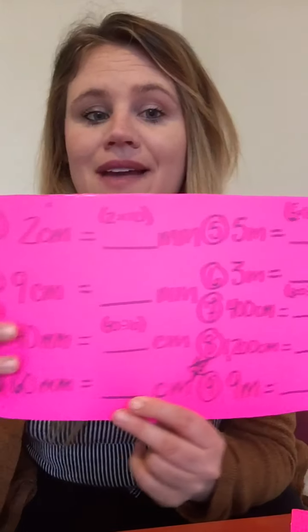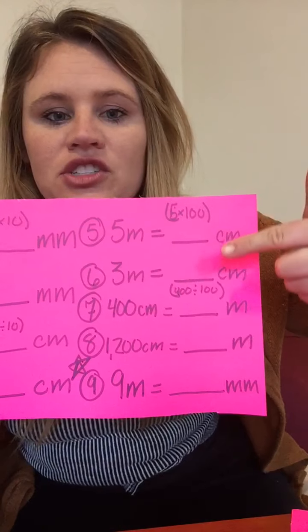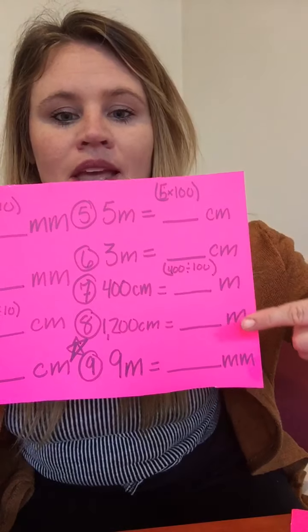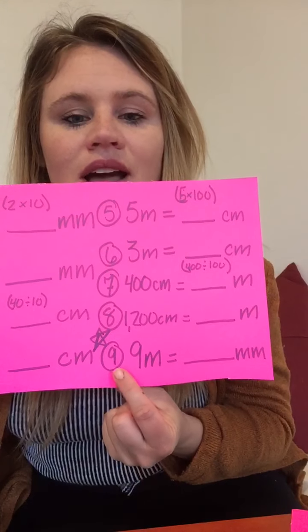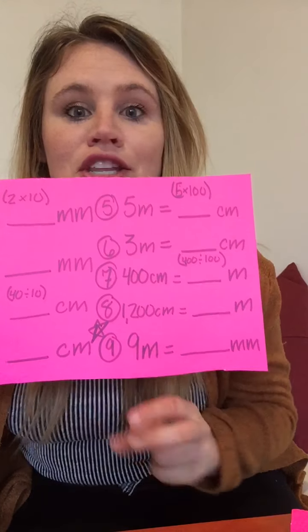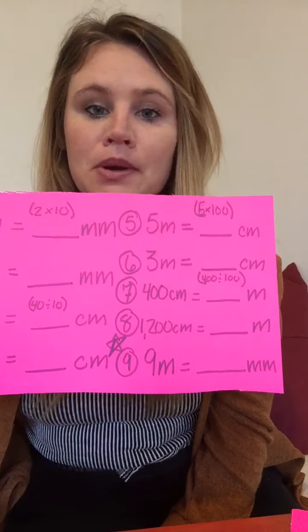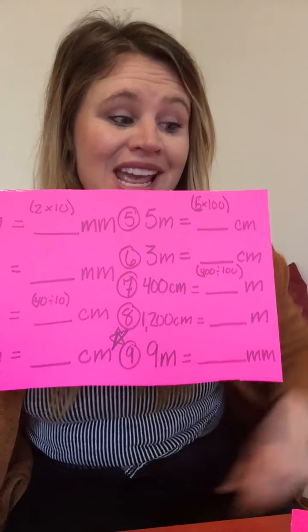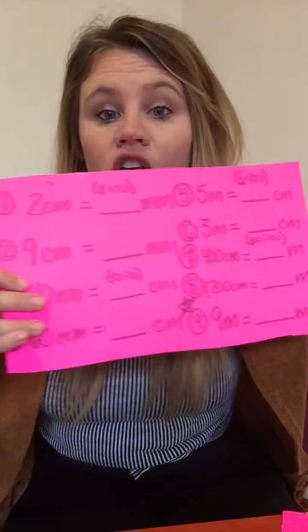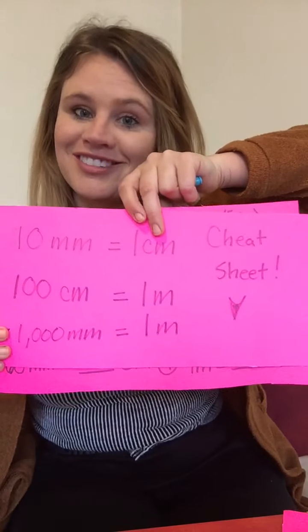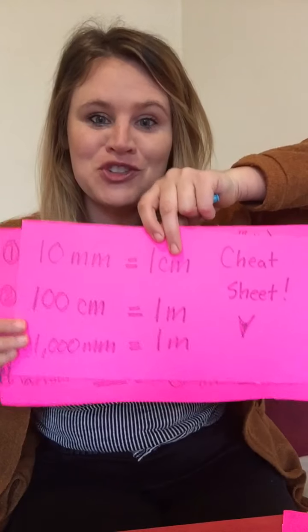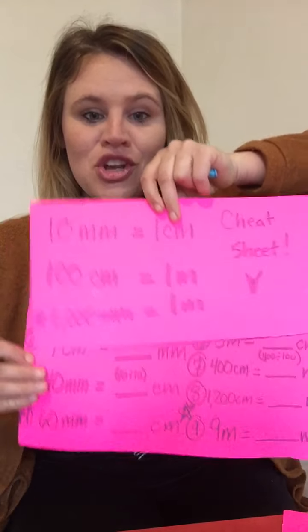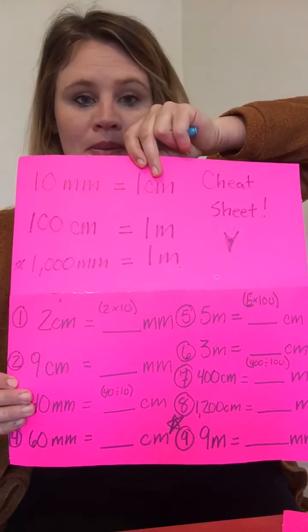And I do that for every other one, just to help you here. And then number 9 is going to be the tough problem, like the bonus problem to see if you can do it. Remember, all these you can use the cheat sheet, okay? Don't forget about this cheat sheet that you can pull out and use for all 9 problems.